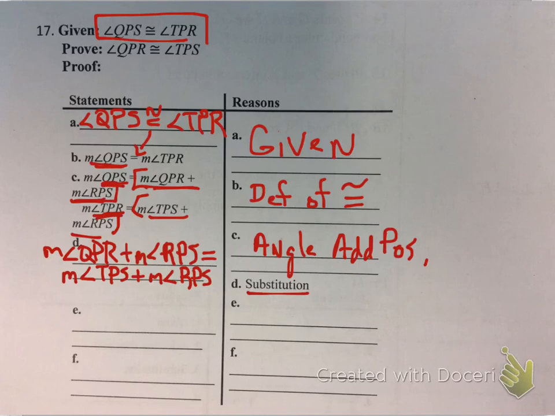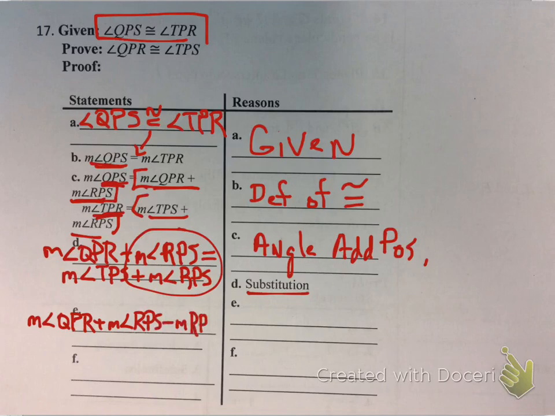Now, what do I want to do? I want to somehow get rid of this RPS. Oh, I may have not shown you fully the correct picture there. So this might be a little bit different than what the picture shows earlier. Well, how can I do that? I need to subtract the measurement of RPS from both sides, because to get rid of it, I need to subtract.